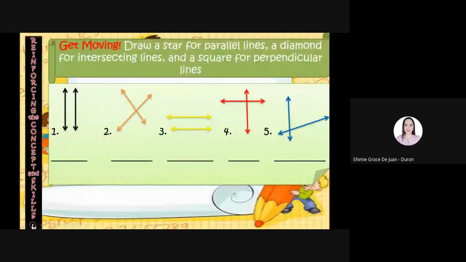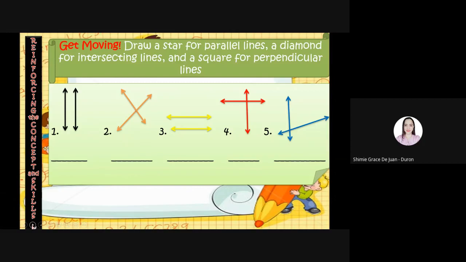Okay, let's get moving. Another exercise. Direction: draw a star for parallel lines, a diamond for intersecting lines, and a square for perpendicular lines. Time starts now. Answer now.